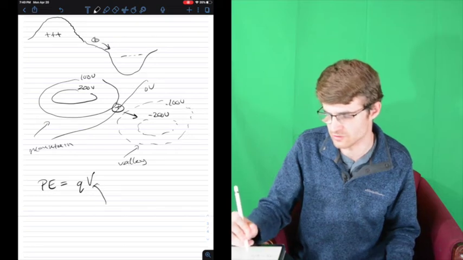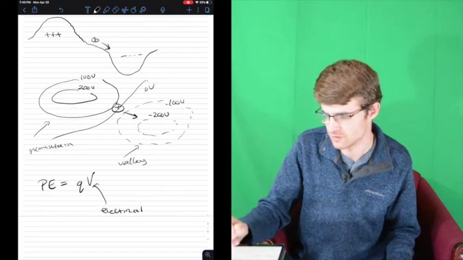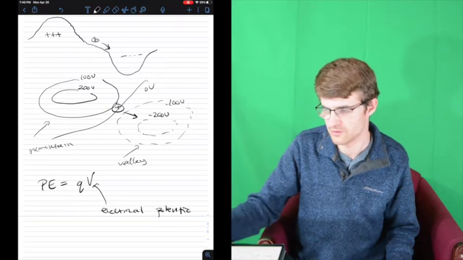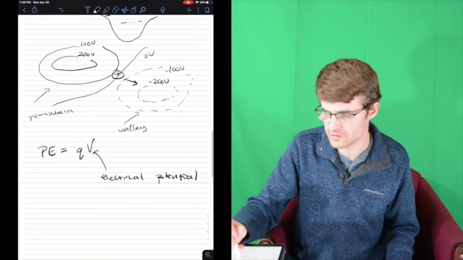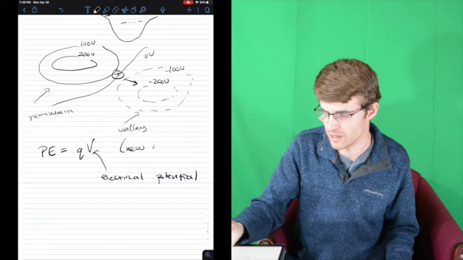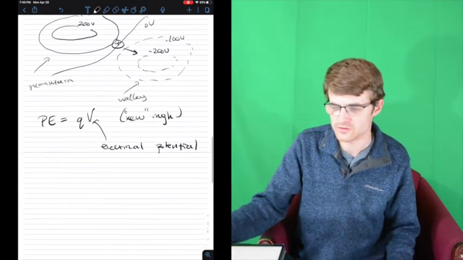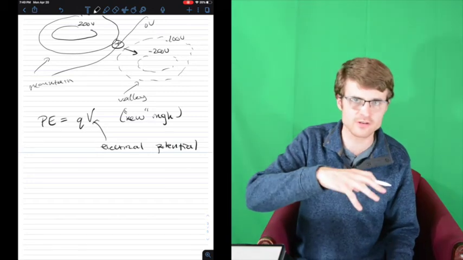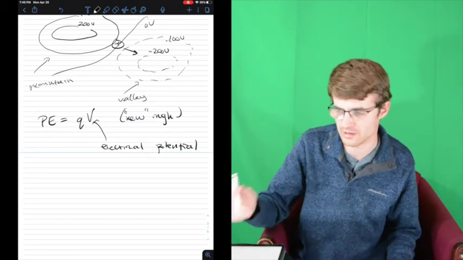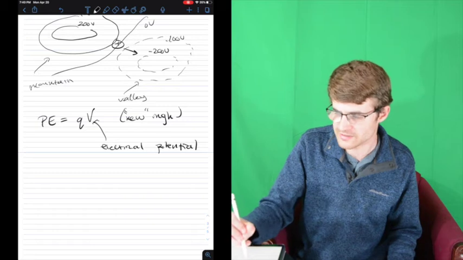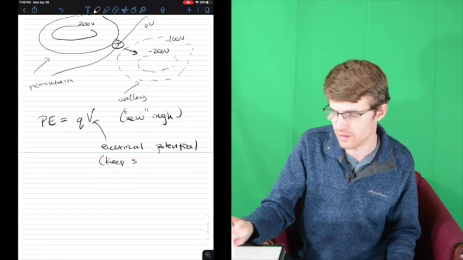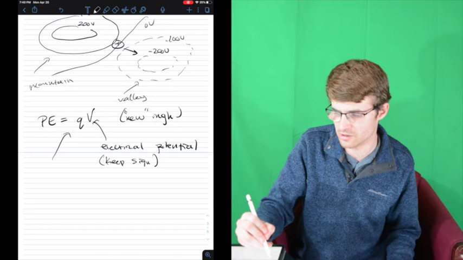So this is the electrical potential, or just what the voltage is. And so this is our new mgh, if you like. It's the way we describe that. So this can be exchanged for kinetic energy. If you lose potential energy, you gain kinetic energy.